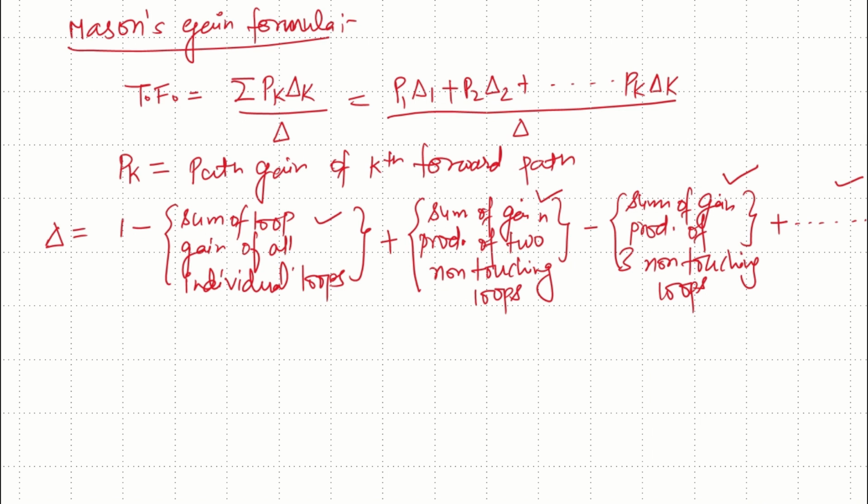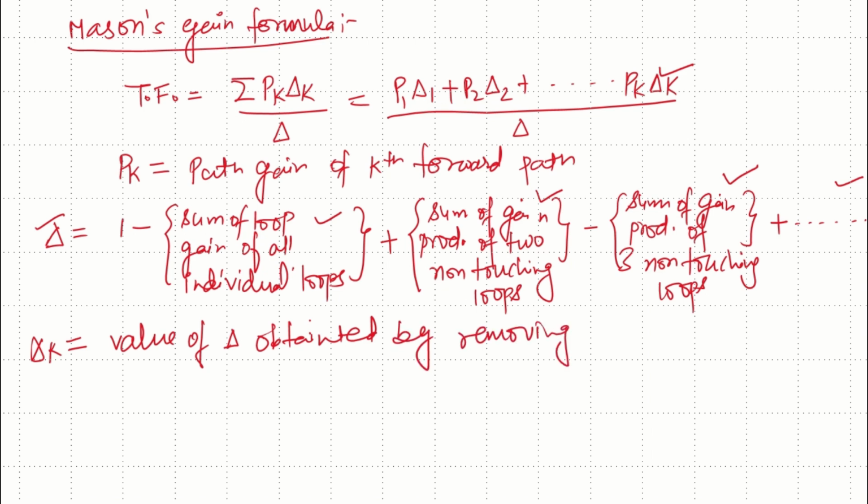We will take one example to understand how we can determine the value of delta. And finally, delta k is actually the value of delta obtained by removing all the loops touching the kth forward path.